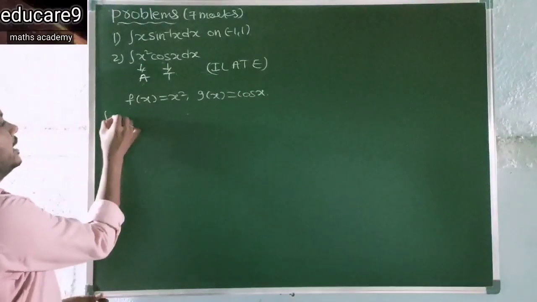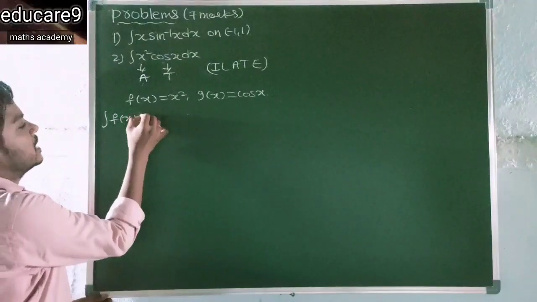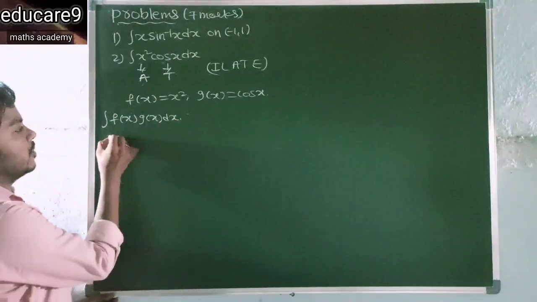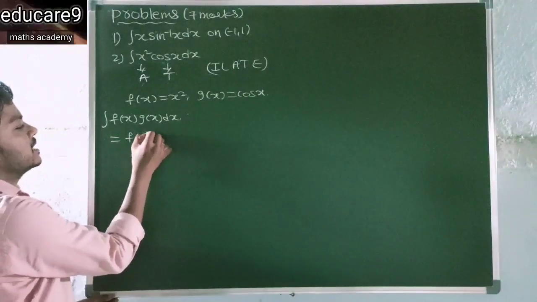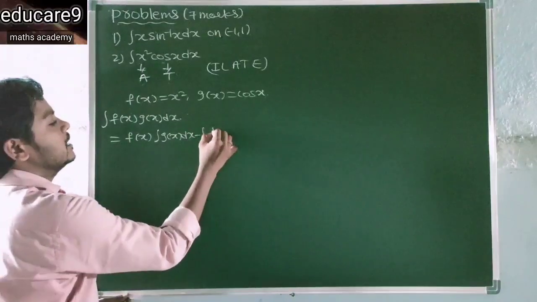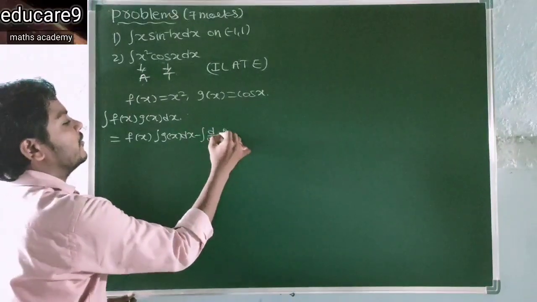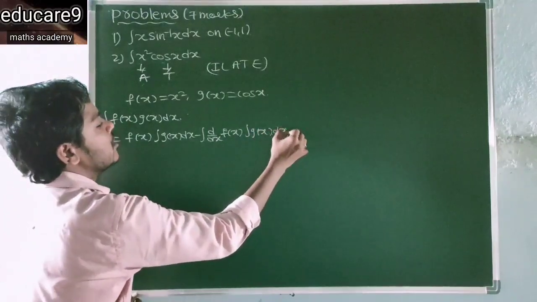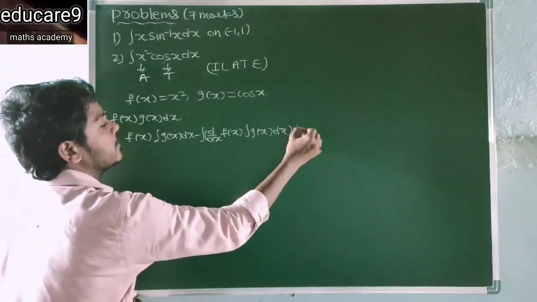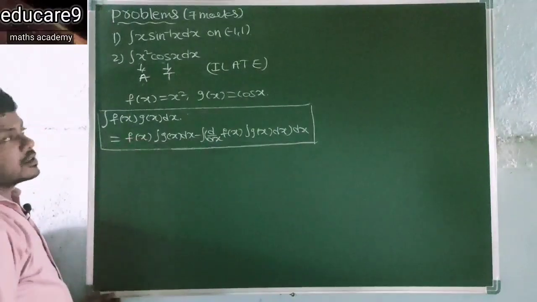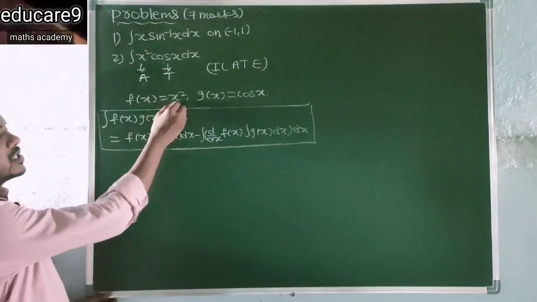So you know the integration of f of x g of x dx formula. So what is this formula? F of x integration of g of x dx minus d by dx of f of x integration of g of x dx whole dx. So this is the formula. Now see here, apply this. So what is f of x? X square.